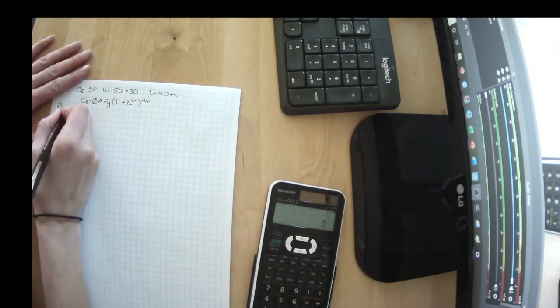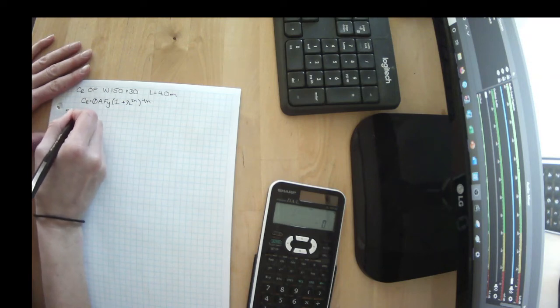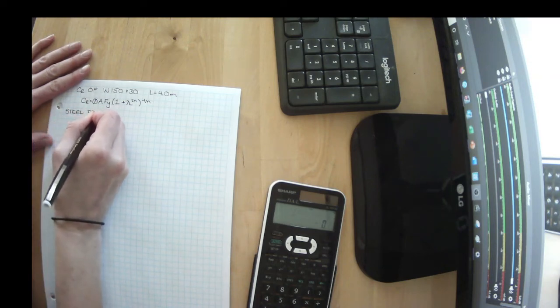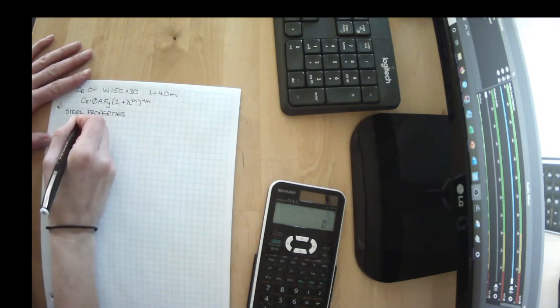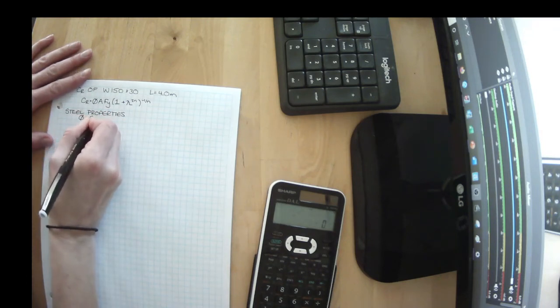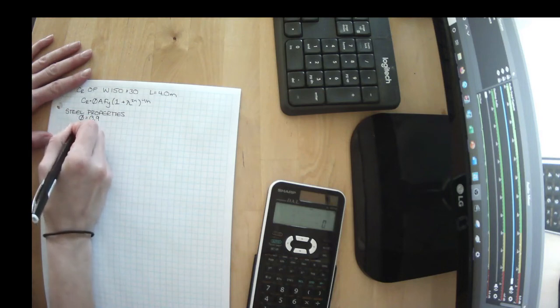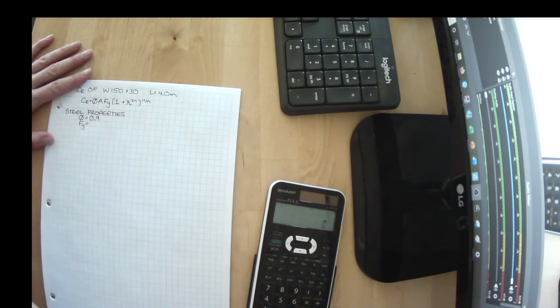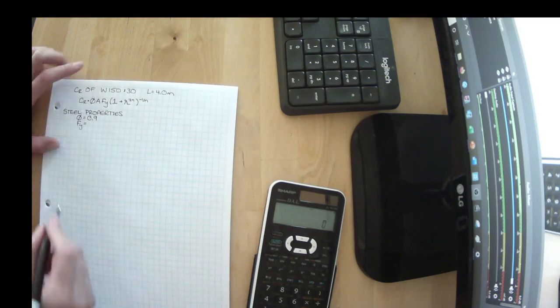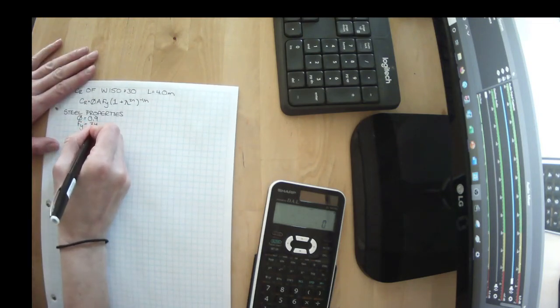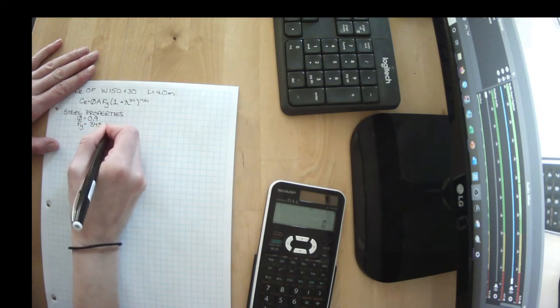So let's take a look at our steel properties. Our reduction factor stays the same. Fy is different here. A W section is a rolled section. We're going to use 345 MPa.